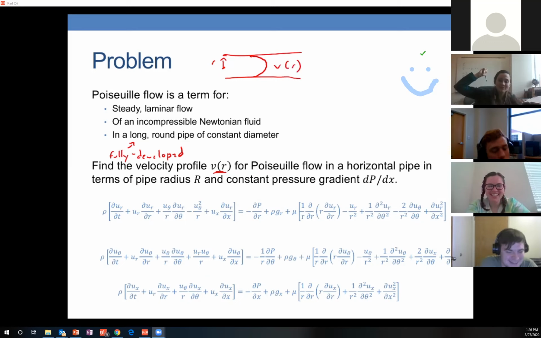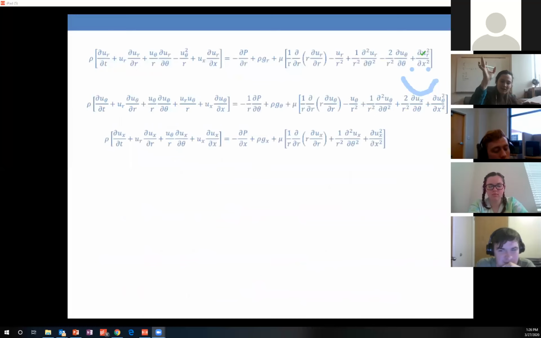We're going to do the same thing that we just did. We are going to simplify. And in fact, because this is kind of a complicated one, and I really want you to know how to simplify the Navier-Stokes, because that's half the battle, is the simplification, we're going to do this here. So first of all, it's steady. What does that mean?